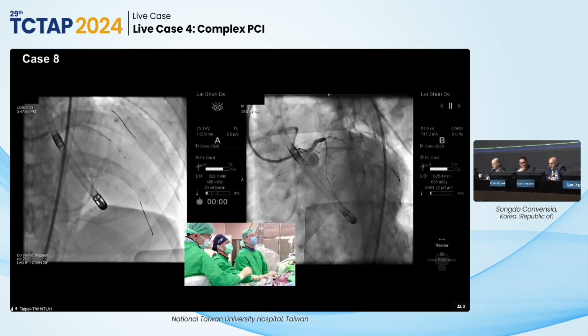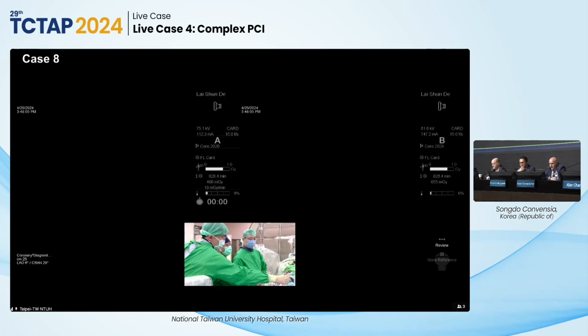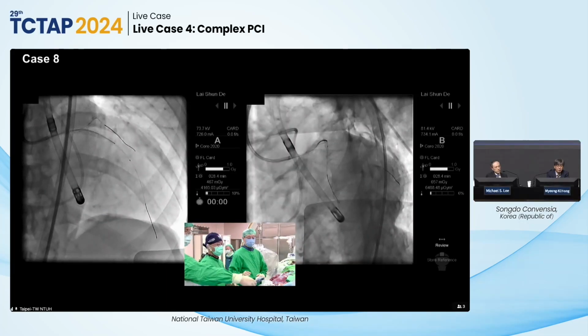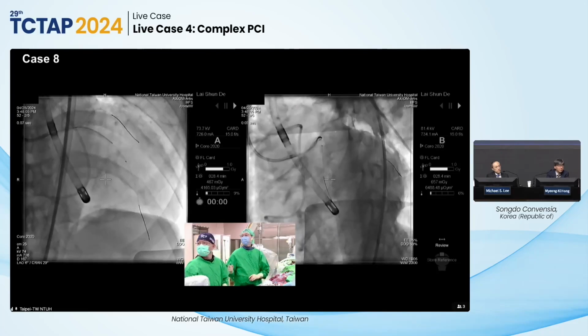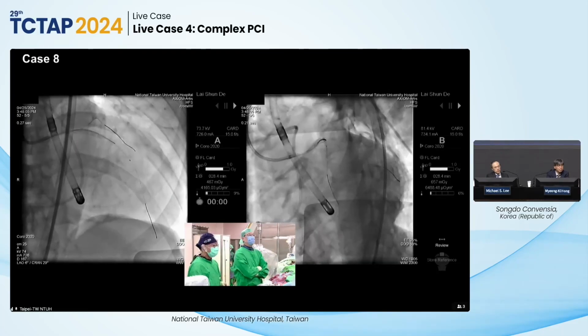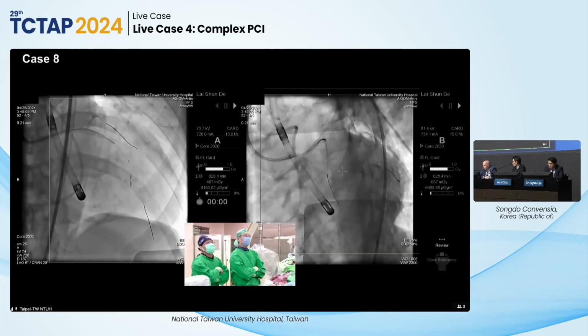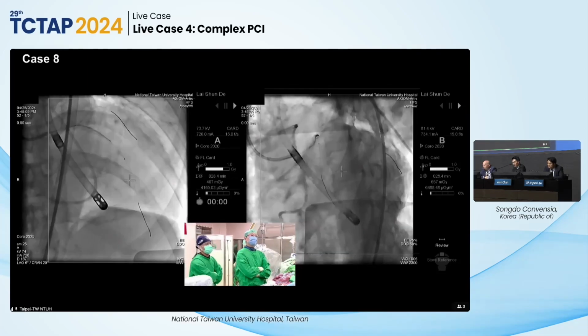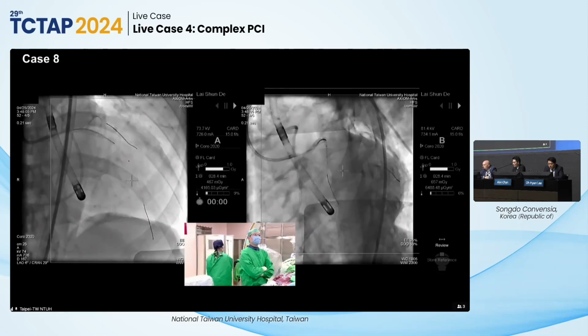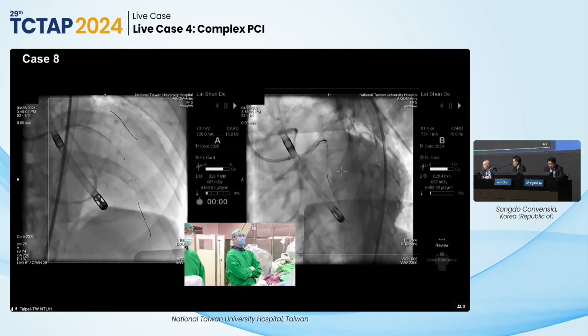I think the IFU of this device says it is not intended for prolonged support. Usually it doesn't recommend prolonged support, usually within 24 hours at most. So it's not really dedicated for prolonged MCS support as compared to the Impella family.